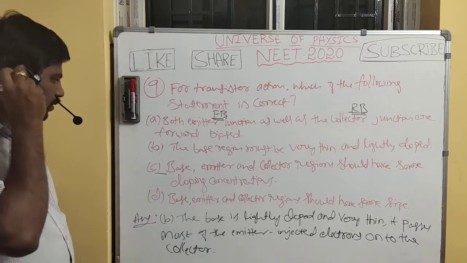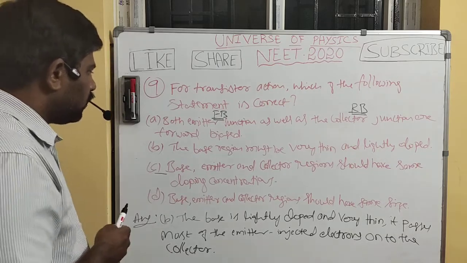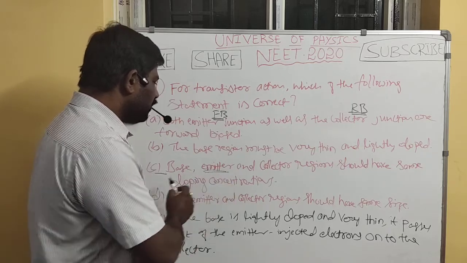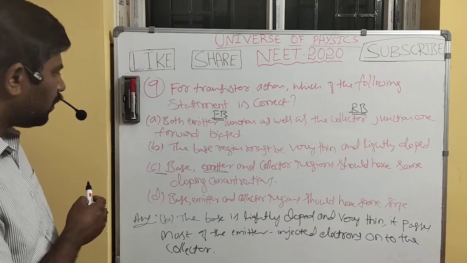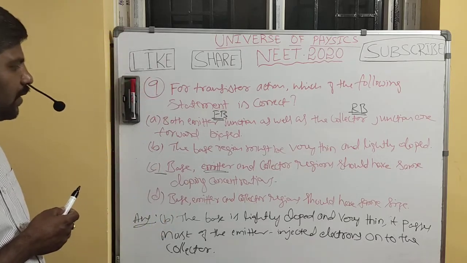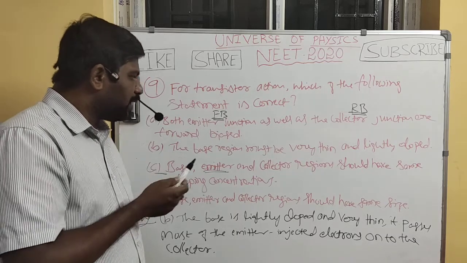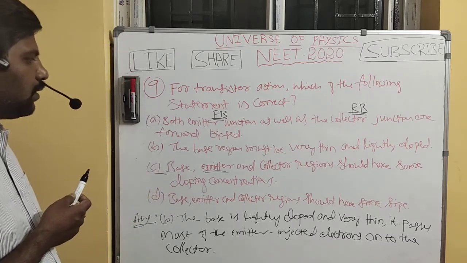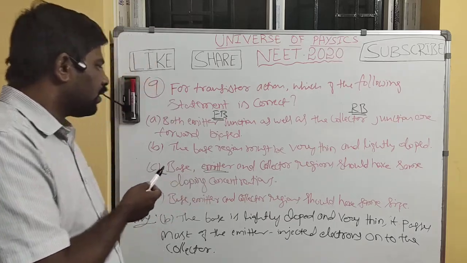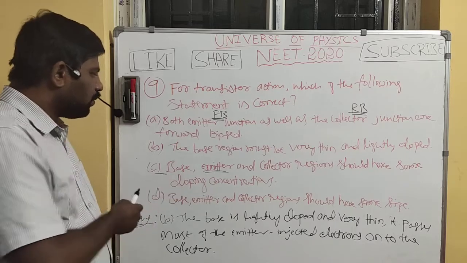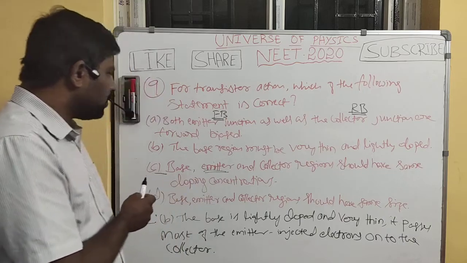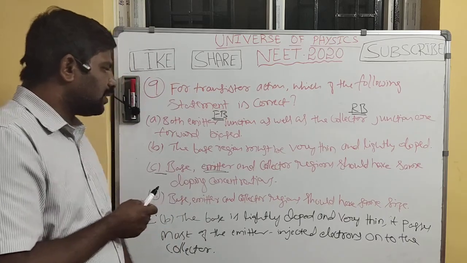No, because emitter is always heavily doped compared to base and collector, because the working of the emitter is to emit the charge carriers to reach that charge carriers to the collector through this base. For that reason, emitter is always heavily doped compared to base and collector regions.